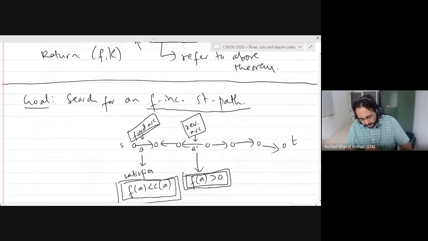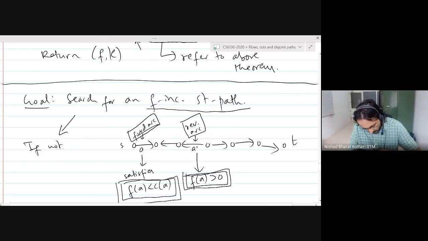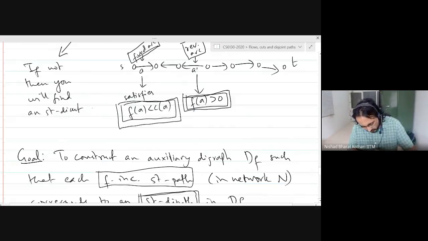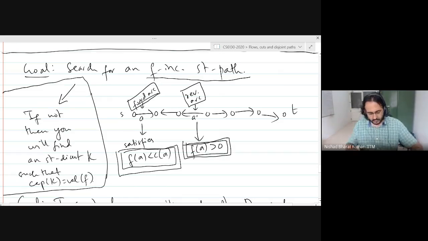So the point is that if you can't find an ST path, then you will find an ST dicut K such that the capacity of K is equal to the value of the flow F. Okay?